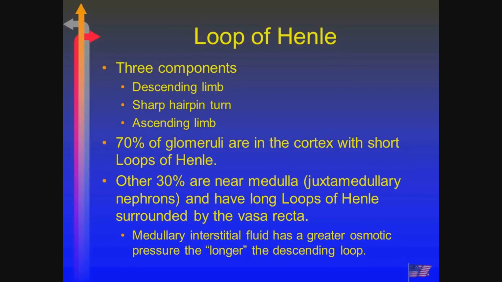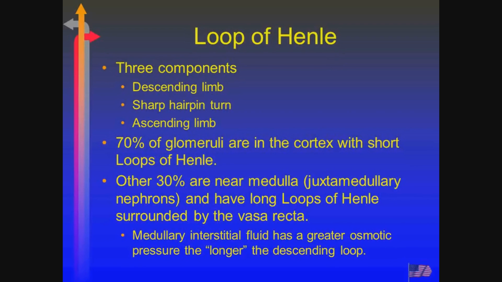The vast majority of the glomeruli have very short descending loops, or short loops. There are a few of them, though, that are what are known as juxtamedullary nephrons that have very long loops, and we actually call the peritubular capillary that is adjacent to it the vasa recta, kind of a specialized name.